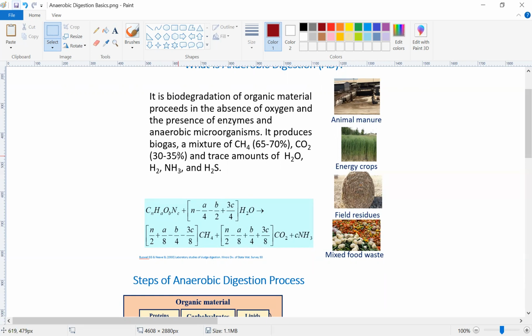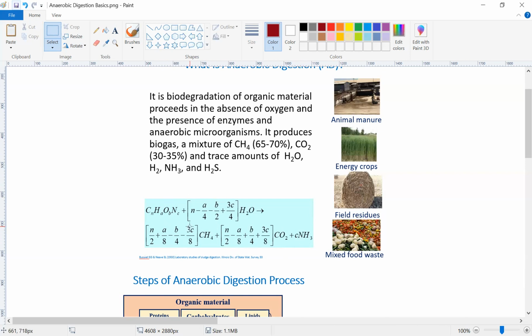And in the presence of enzymes, this can be converted to intermediates, and I will explain this a little bit later. Later on, these intermediates can undergo action by some other consortia of microorganisms, mainly bacteria and archaea, to produce methane and carbon dioxide, and maybe some ammonia.